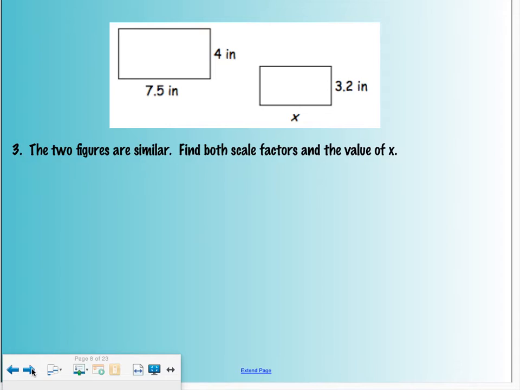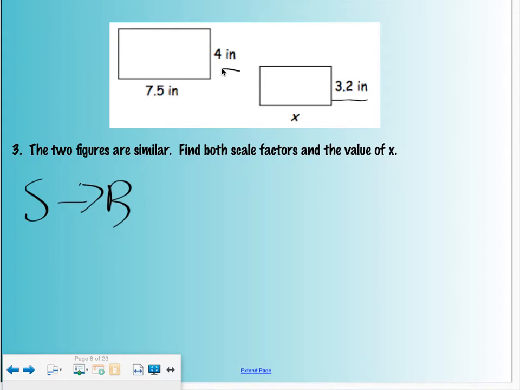All right, one more. So the figures are similar, and we want to find both scale factors and the value of x, and we'll set up a proportion. So this one, the scale factor is not going to be a whole number. So who can tell us what they think the scale factor is? So from small to big, in other words, what do I multiply this by to get this?